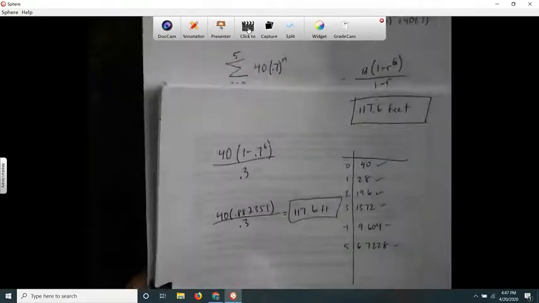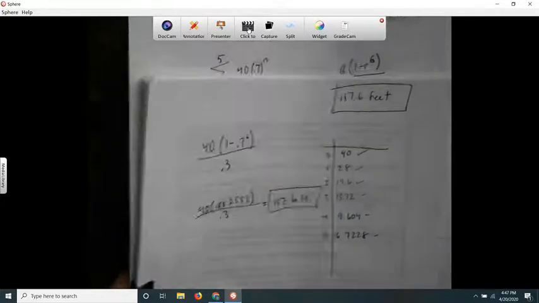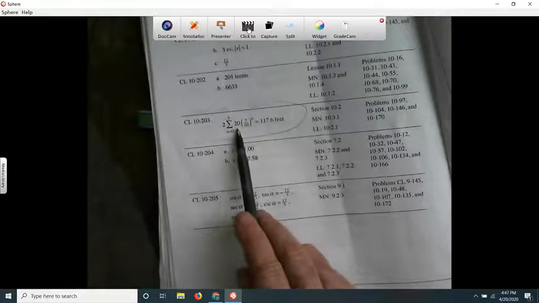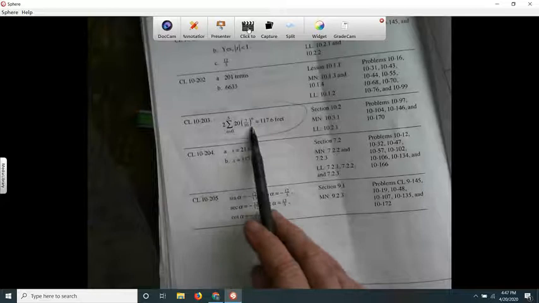And I saw that your answer book did it a little bit different than I did. They set theirs up, like they didn't put the 40 there. They took a 2 out, but it'll still give the same answer.